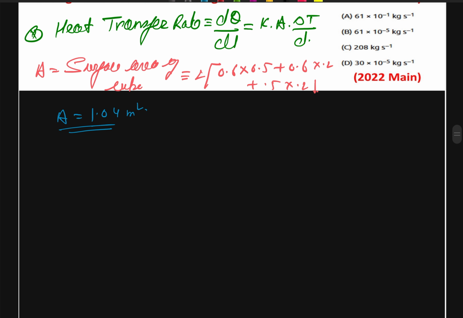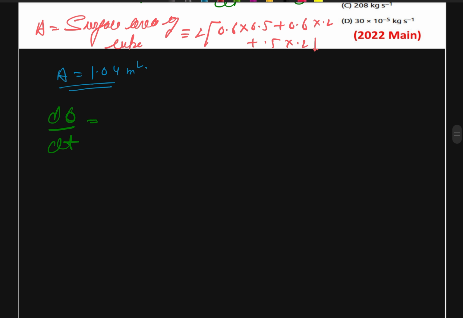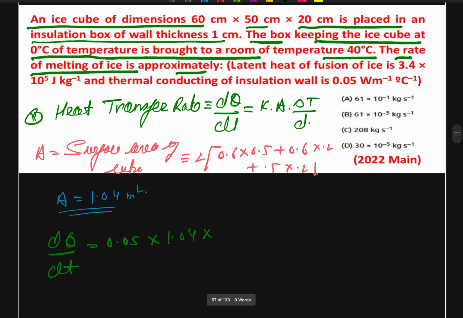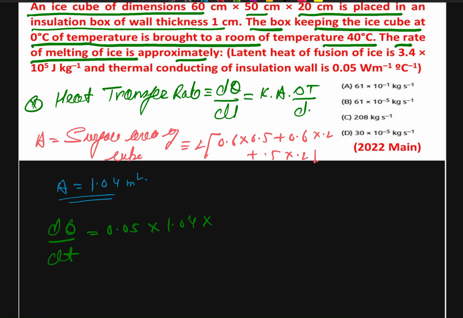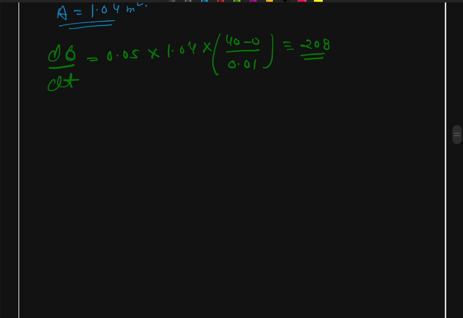Therefore we can find out that our dQ by dt will be equal to, k is given to us as 0.05, that is our thermal conductivity, and here 1.04, and the temperature difference will be 40 minus 0, divided by d, the thickness, which is 0.01. So we get this dQ by dt will be equal to 208. Now we can find out the rate of melting.